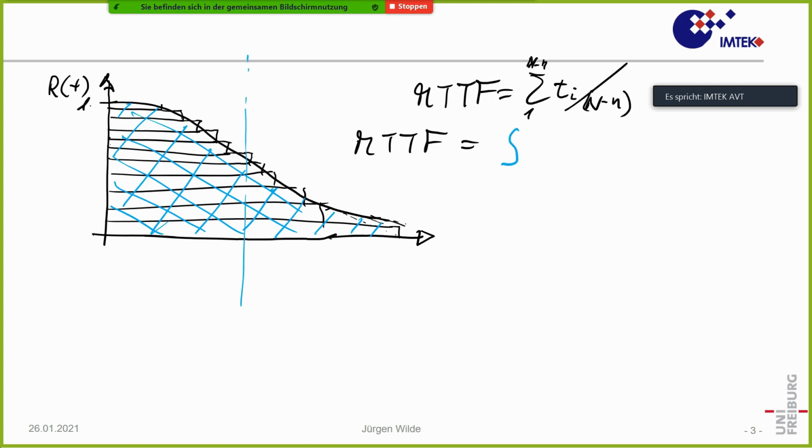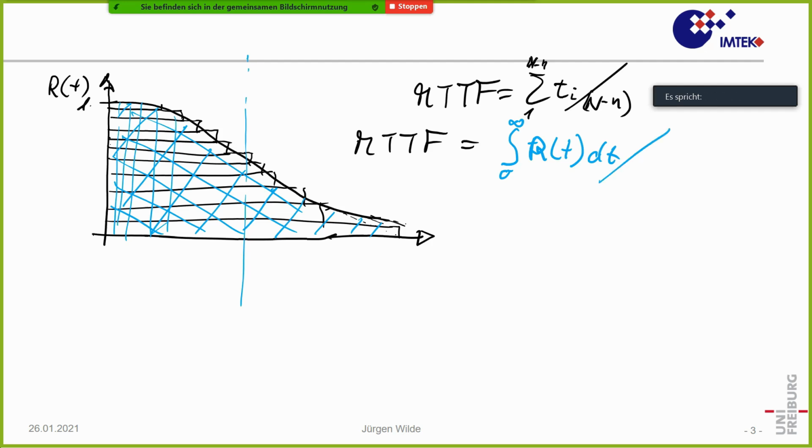So it's the integral from 0 to infinity of the reliability function over time, and we divide it by the width of that curve, and that's just 1.